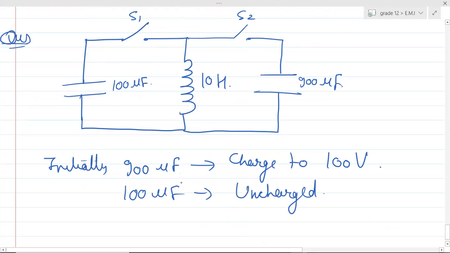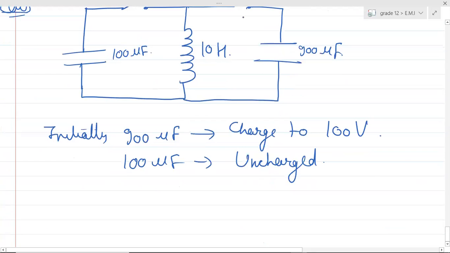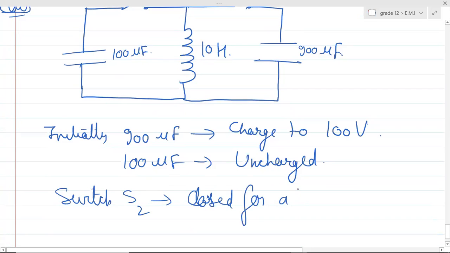Switch S2, the one which is with 900, that switch S2 is closed for a time t1. After which it is opened.